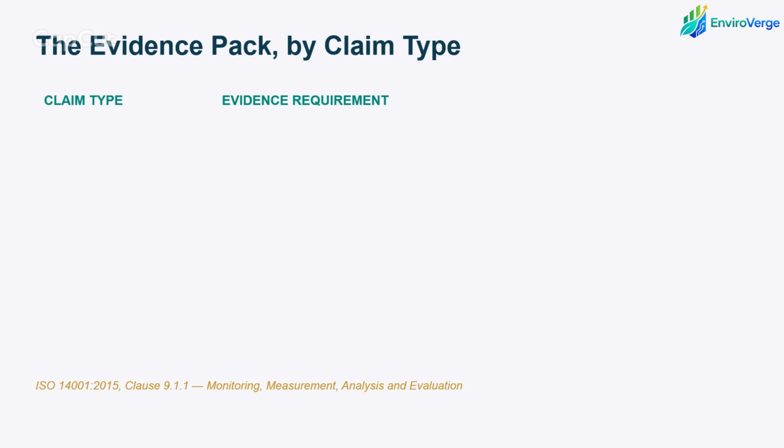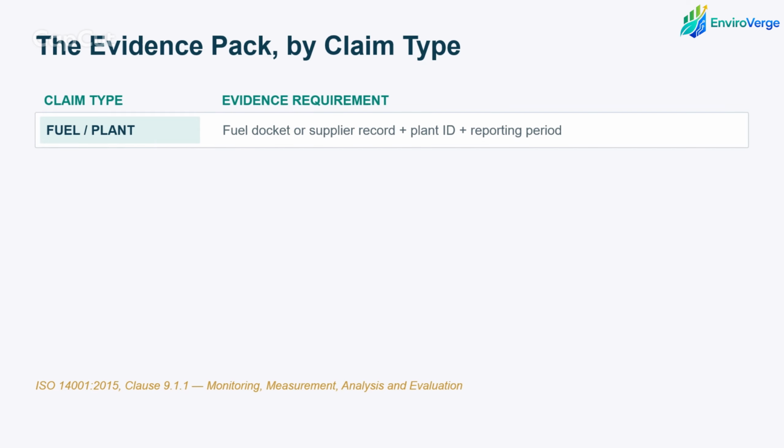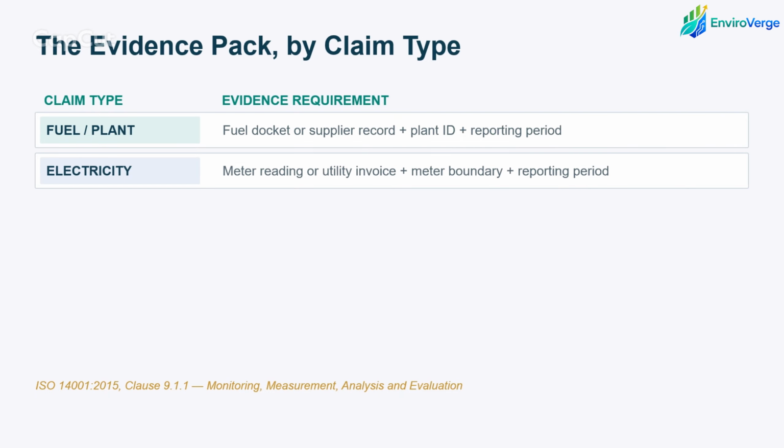So what does verification actually ask for? Assurance, an independent check of your numbers, works from evidence, not from intent. Fuel and plant, a fuel docket or supplier record, plus the plant ID, plus the reporting period. Electricity, a meter reading or utility invoice, the meter boundary, and the period.